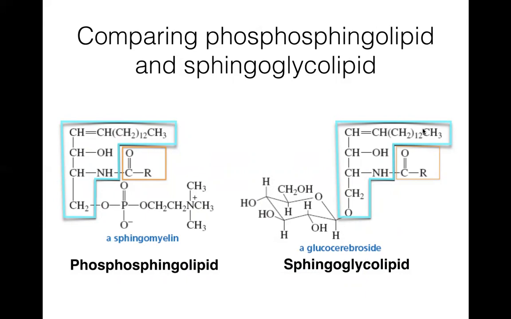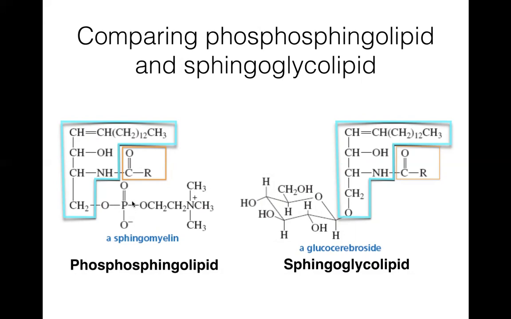What else do they have in common in terms of structure? Esterified through an amide linkage is a fatty acid that forms a tail, a saturated fatty acid such as stearic acid. So they have this in common. What makes phosphosphingolipid different from sphingoglycolipid in terms of structure?